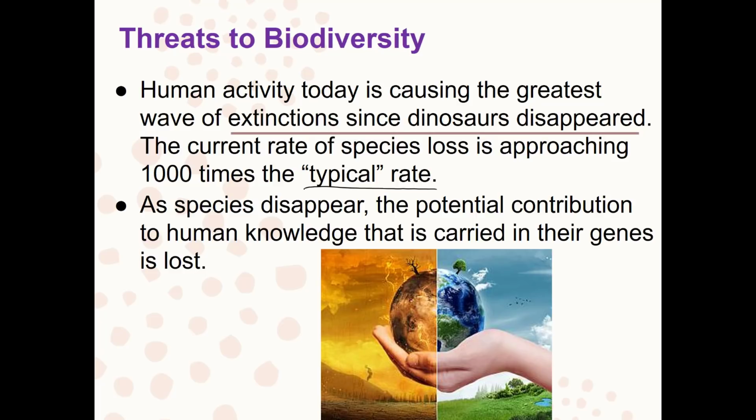And the problem is as species disappear, the contribution that they may be able to give us is unknown. We don't really know what benefits they may have been able to provide to our lives. So as they go extinct, we really don't know much about them, and we don't really know what things in their genes are lost and what may have been able to help us.